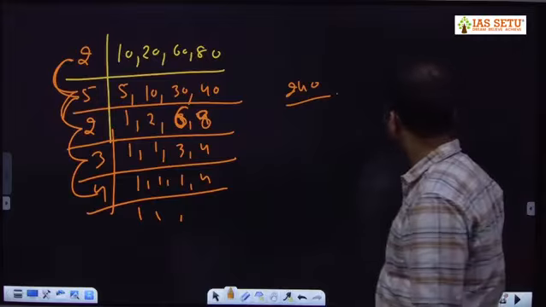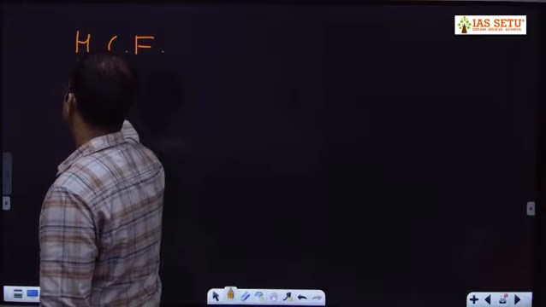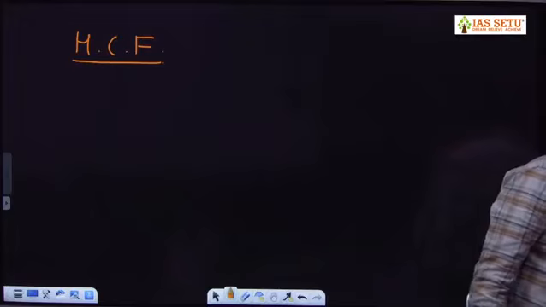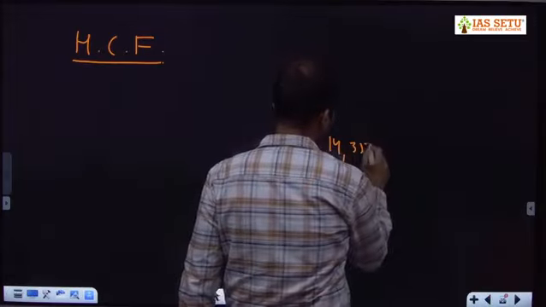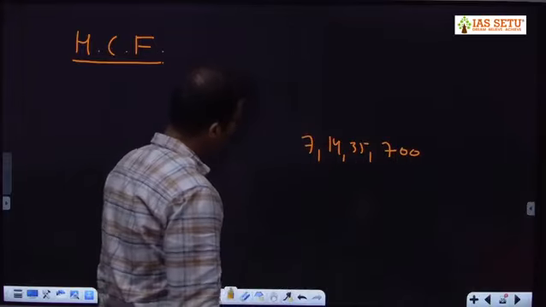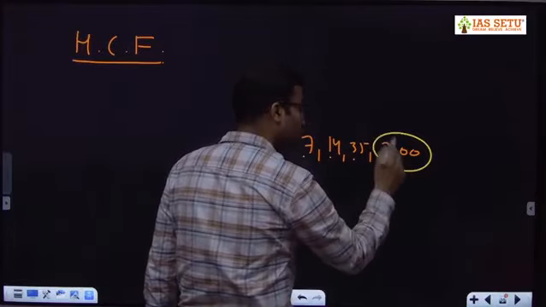Next, HCF. नहीं 700 है, किसने बोला? रौनक का एक question है, LCM of 7, 14, 35, 700 is not 700. कौन बोला? ट्राई कर लो. Here the LCM of 7, 14, 35, 700 is 700 only.